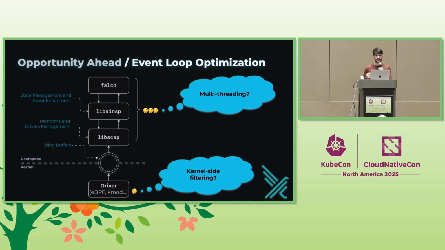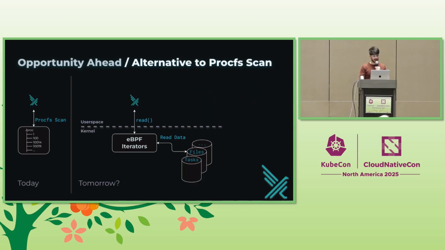But I guess that we can engineer this in a way that introduces performance improvements on large core count machines. The next opportunity is, I would say, the fancy one.